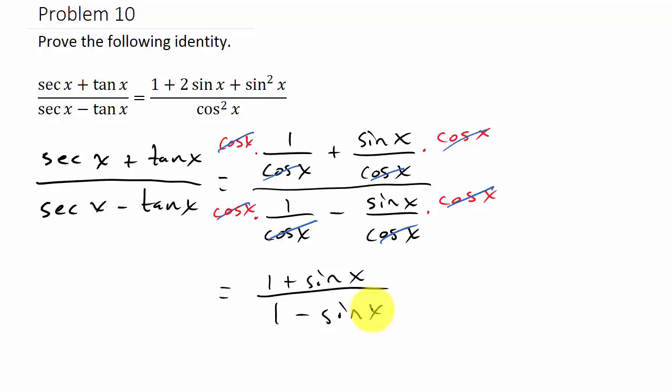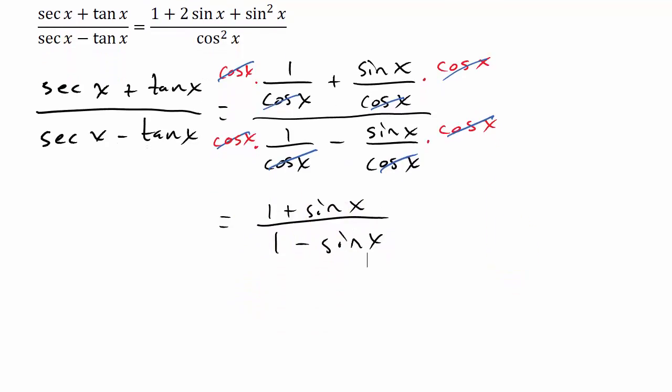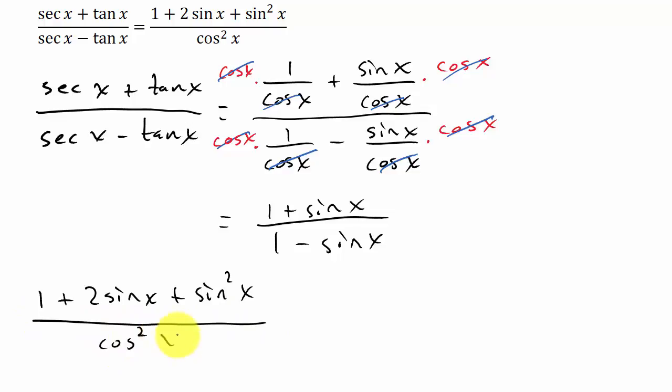Alright, so that's not the right-hand side. Now if you've watched some of the other videos, there were a couple of them where this happened. What do we do? Well, let's take the right-hand side, simplify it, and see if we might end up with this side over here. So I'm going to take 1 plus 2 sine x plus sine squared x over cosine squared x.